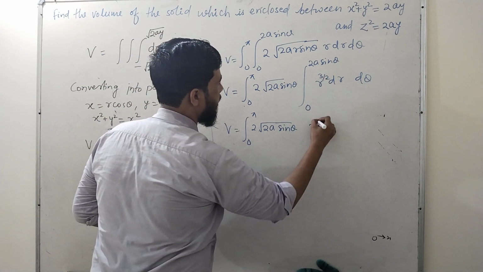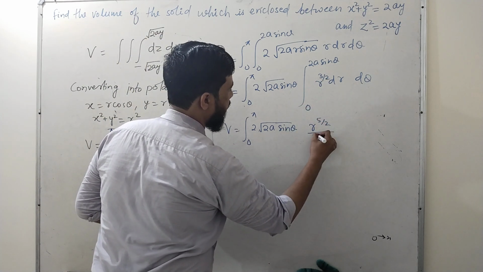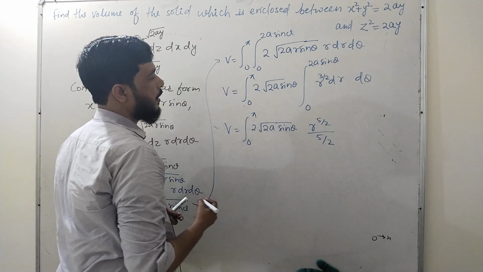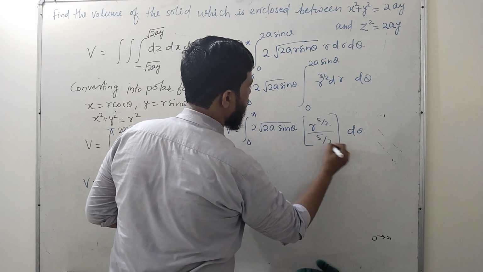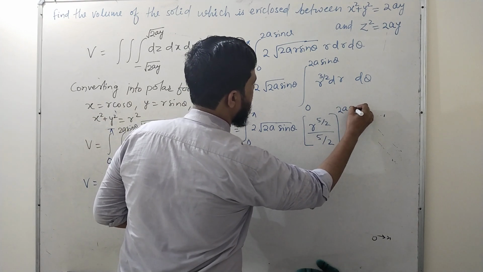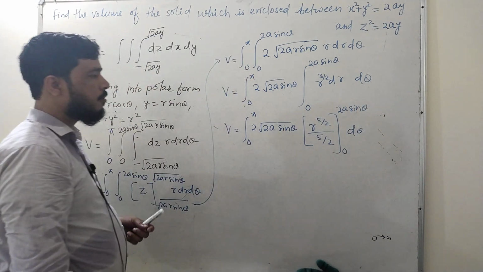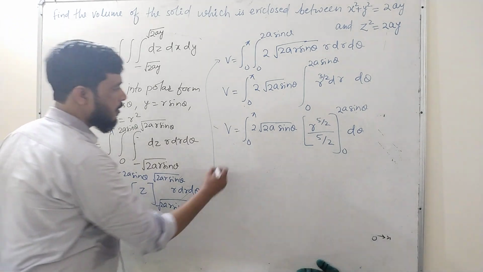Integrating this, increase the power by 1 and divide by the new power. The limit is 0 to 2a sin θ.